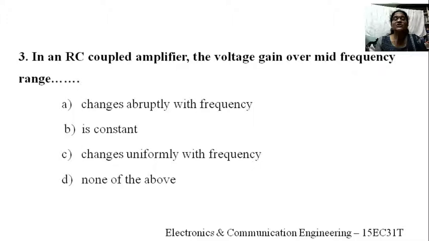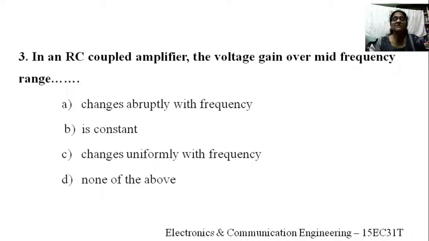Next, third question: in an RC coupled amplifier, the voltage gain over the mid frequency range. So in the mid frequency range, what happens to the voltage gain of the RC coupled amplifier? We know that in the frequency response, at lower and higher frequency the voltage gain drops, right?